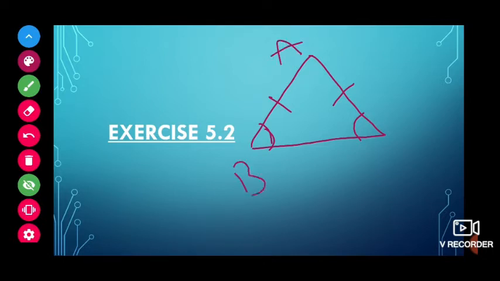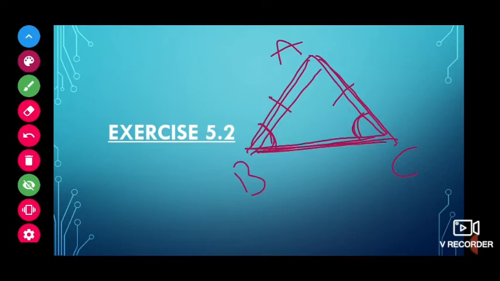For example, in triangle ABC, AB is equal to AC. Then the angle opposite to AC, which is angle B, will be equal to the angle C, which is opposite to AB. The side which is not equal is called the base, and these sides are called leg 1 and leg 2.